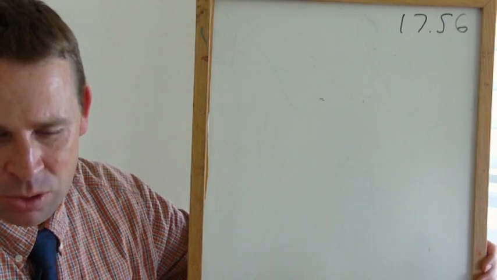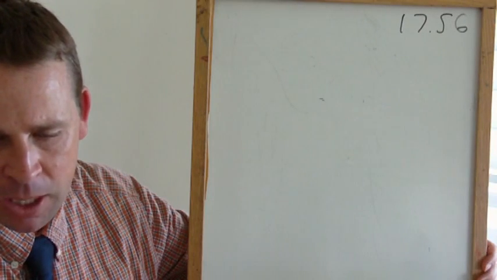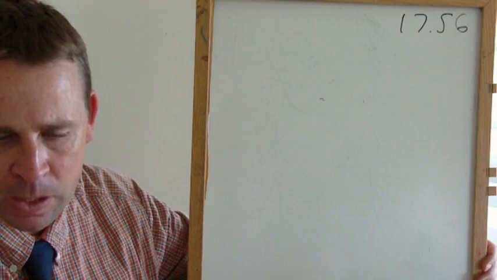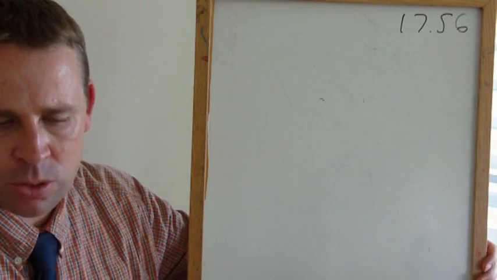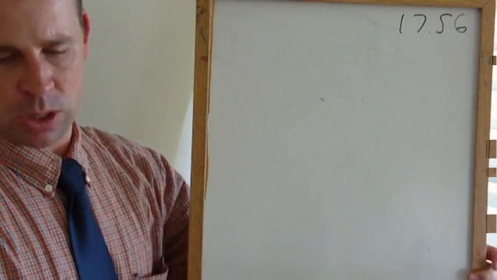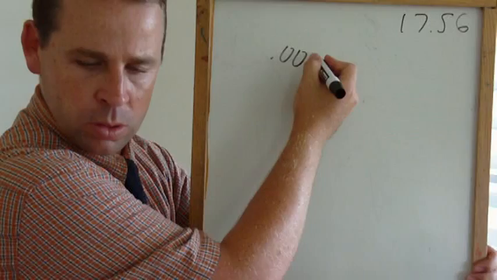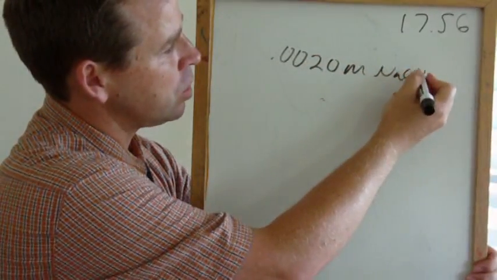In a 0.002 molar solution of sodium hydroxide, how many moles per liter of hydroxide come from the ionization of water? Okay. In a 0.002 molar solution of sodium hydroxide. So we have 0.0020 molar NaOH.